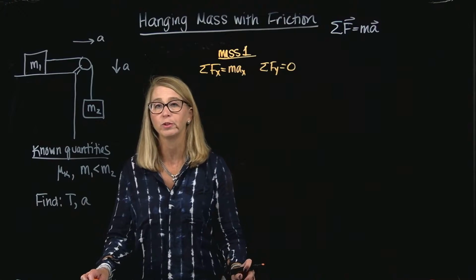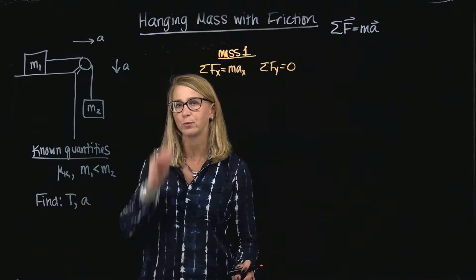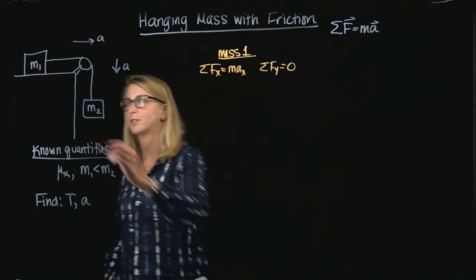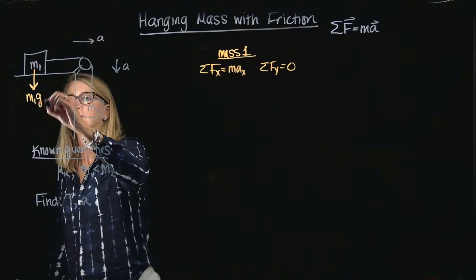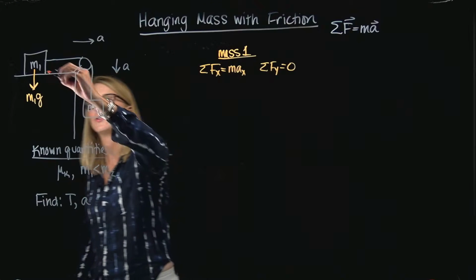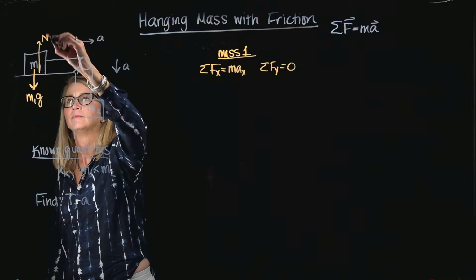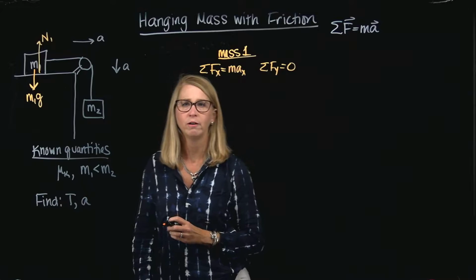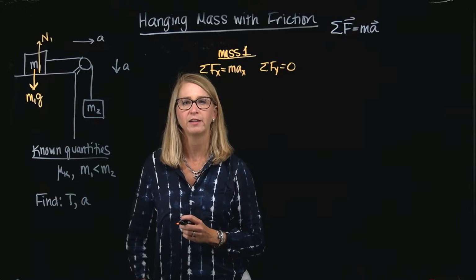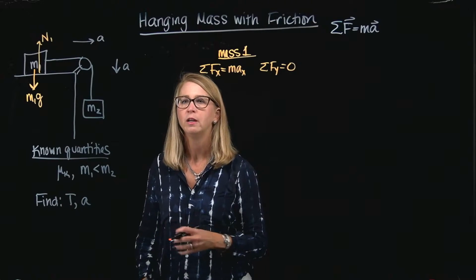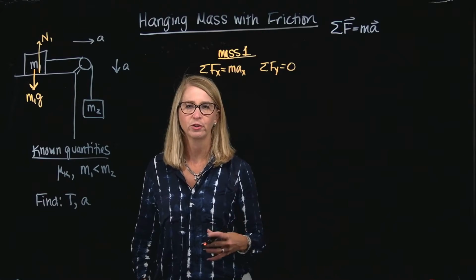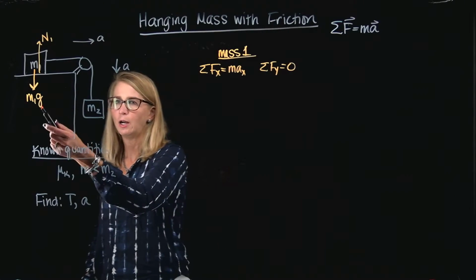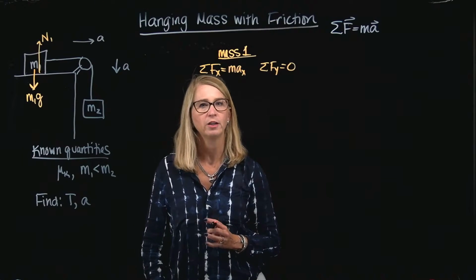Can we identify what the forces are that are acting on mass 1? Well, here's some easy ones. There's gravity, and there's a normal force. I'm going to call it N1 to represent the fact that it's associated with mass 1. Even though I don't have another normal force in this problem, I think it's a good practice. Notice also, I was careful to write m1g, not just mg.